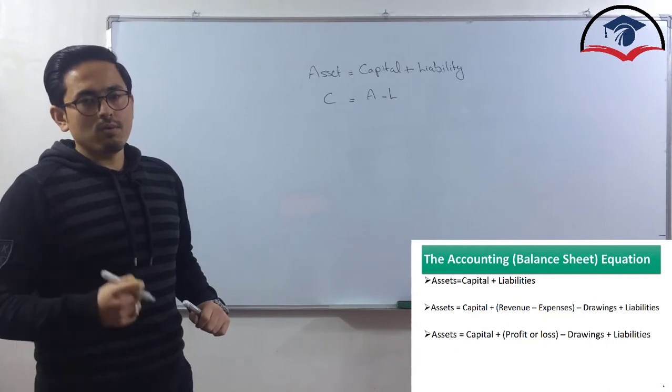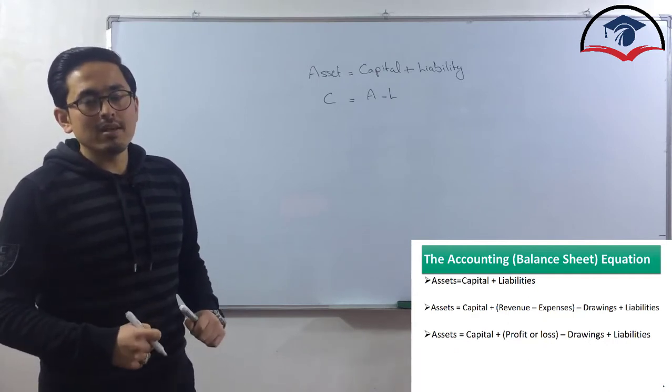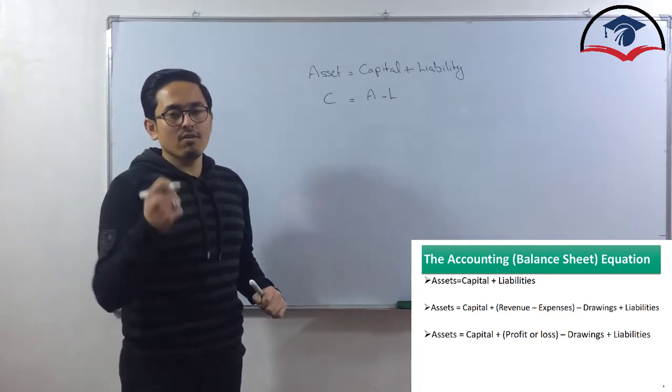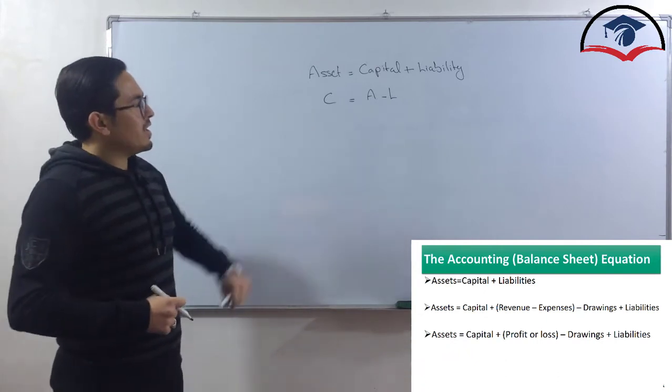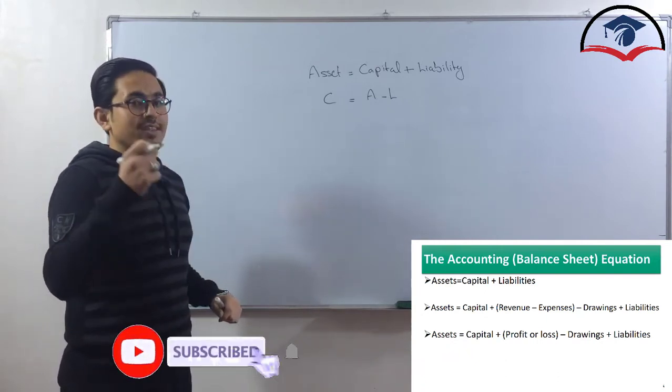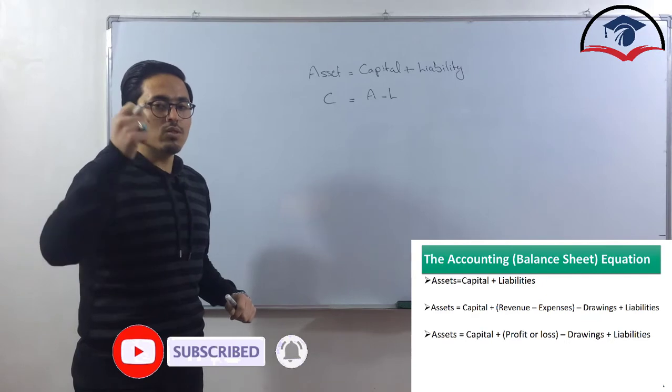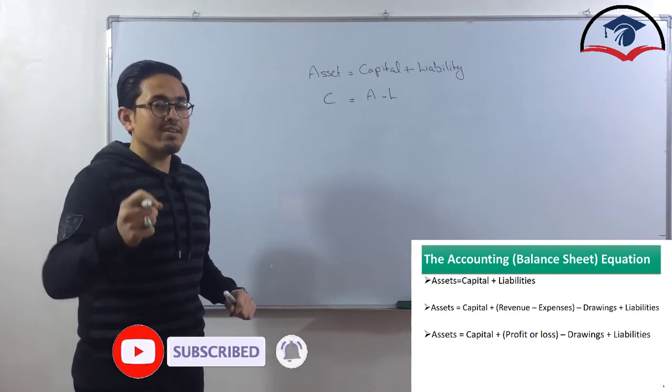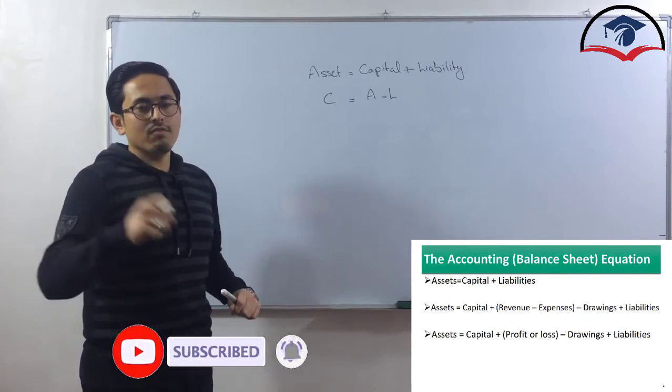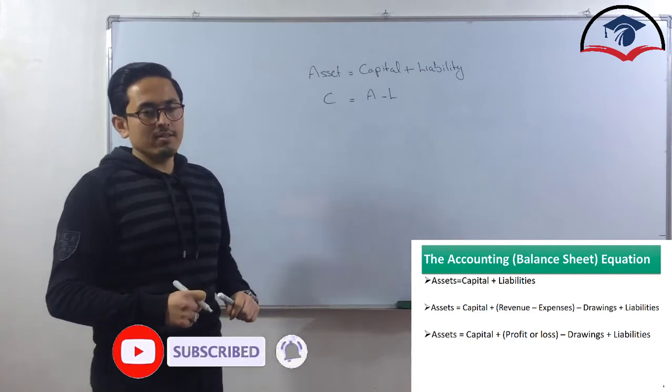In other words, assets minus liability is the net asset of the business, and the net asset is equal to capital, or what is owed to the owner after deduction of the liabilities.